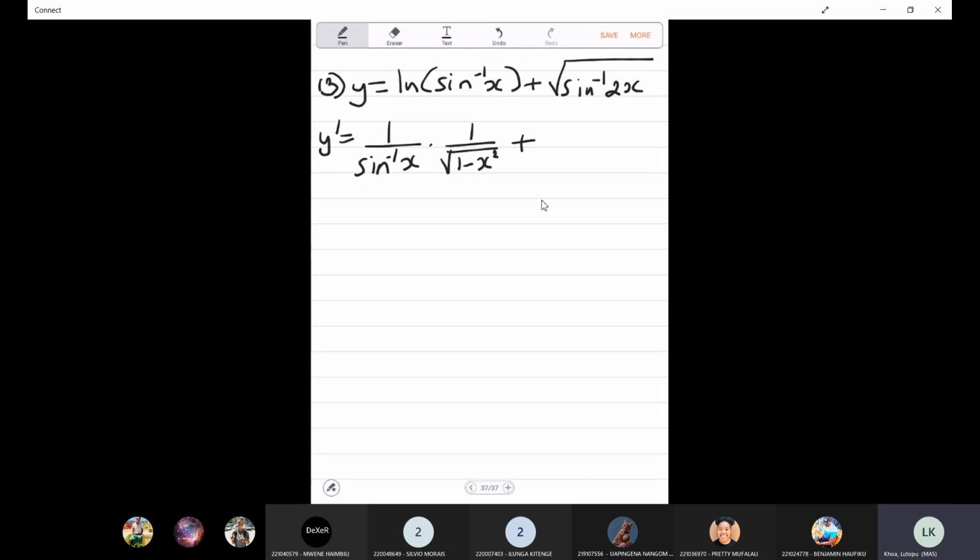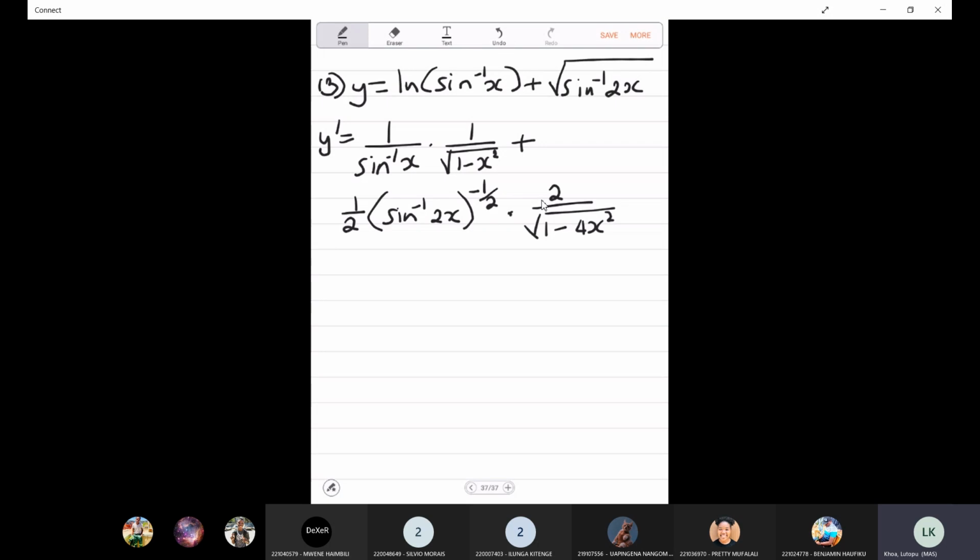Then the square root of sine inverse of 2x is a half, the sine inverse of 2x to the power of minus a half. Then we multiply by the derivative of sine inverse of 2x, which is 2 over the square root of 1 minus 4x squared.